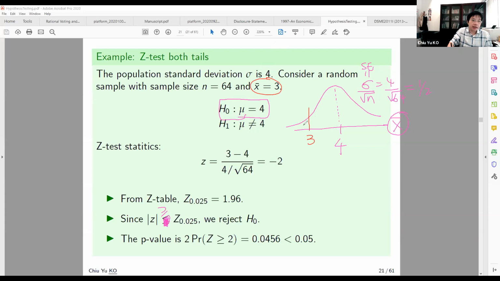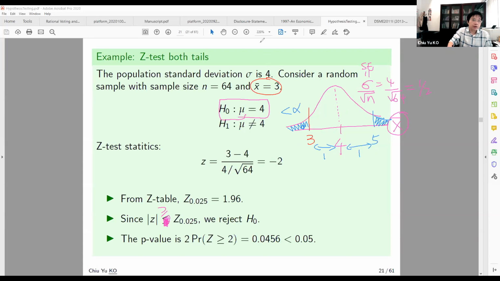So the question again is asking about this area on both sides, right? This is distance 1, and this is also distance 1, you get 5. You are asking, is this combined area less than alpha?